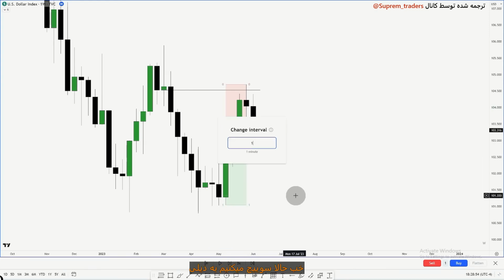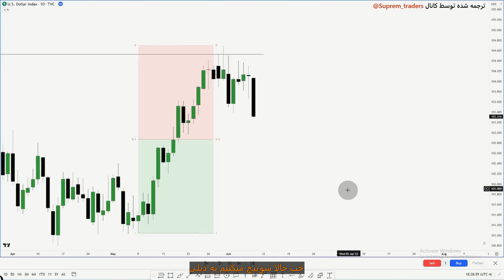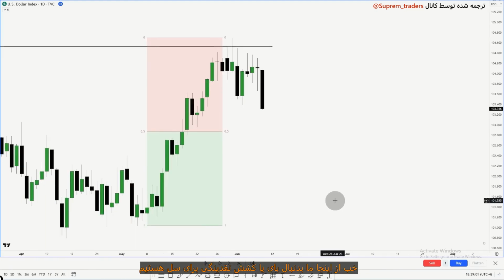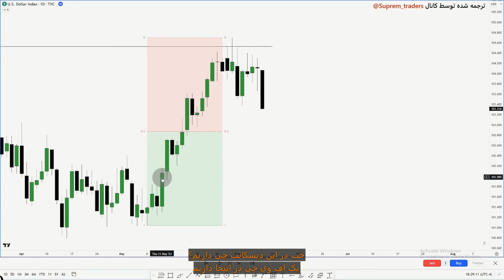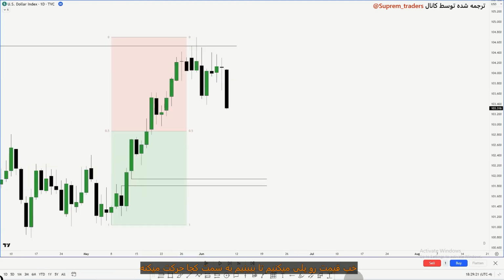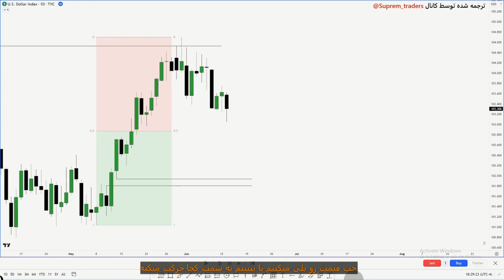So with that, let's drop down to the daily. Now from here, if we are looking for long positions or a draw on liquidity for short positions, what would we want to look for? We would want to look for PD arrays in a discount. So looking into our discount here, what do we have? Well, we have a fair value gap here. So letting this play out, let's see where price heads for.